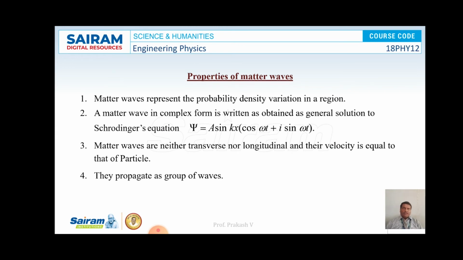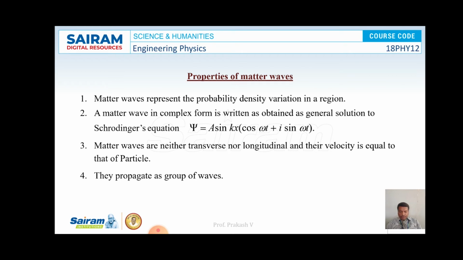When we look at the properties or characteristics of matter waves, the waves associated with a moving particle are matter waves with wavelength lambda equals h by p, where p is momentum, and the wave velocity is different for different matter waves depending on the mass and velocity of the particle.